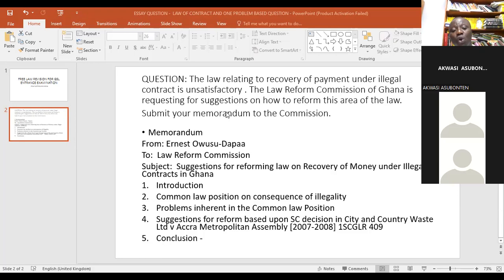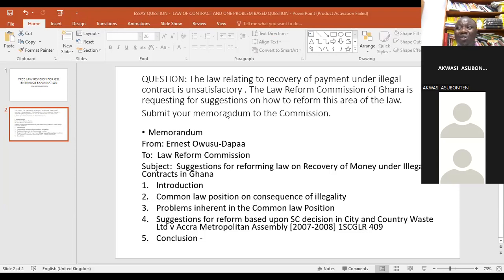So if you go back to the City and Country Limited against the Accra Metropolitan Assembly, you notice that a contract for waste clearance or removal had been made between the plaintiff and the Accra Metropolitan Assembly, and the mode or the manner in which the contract was concluded was actually in defiance of statutory provisions of Accra Metropolitan Assembly.